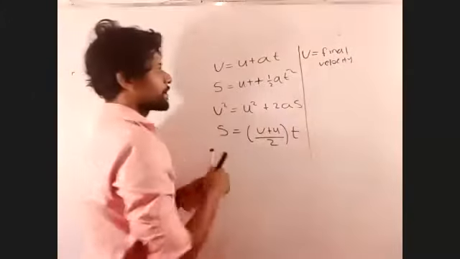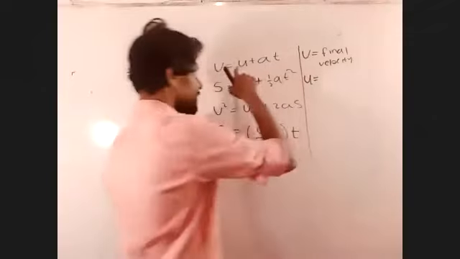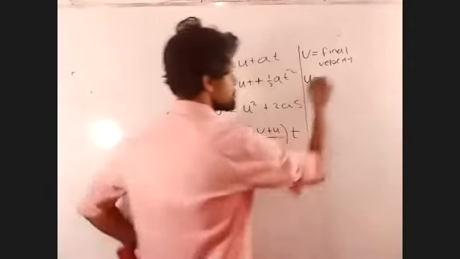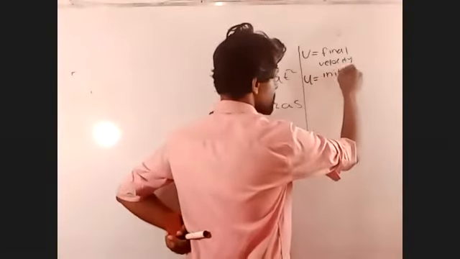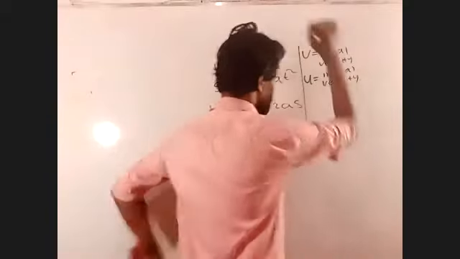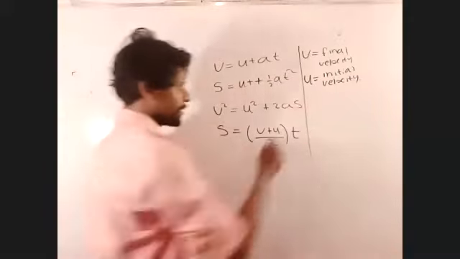And the other one is u. u is nothing other than the initial velocity that I wrote there. That is initial velocity, and t is the common thing you already know. t is fine.